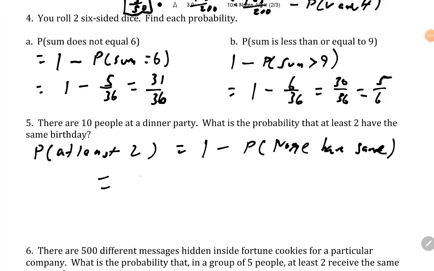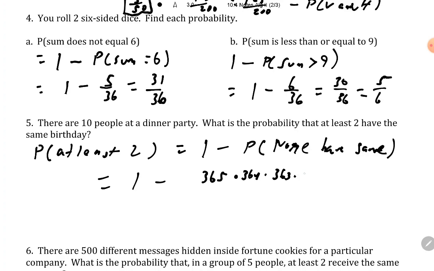So how do we calculate that? So that is 1 minus, well, there's 365 days in a year. Okay, so the probability that none have the same birthday goes like this. The first guy has 365 choices for his birthday, times the second guy, which is 364. He'll have 364 days if we're going for none having the same birthday, times 363.